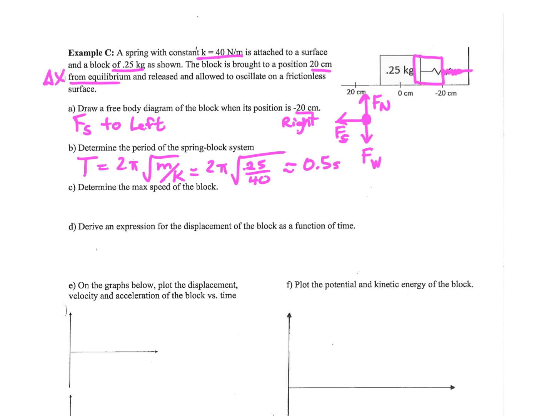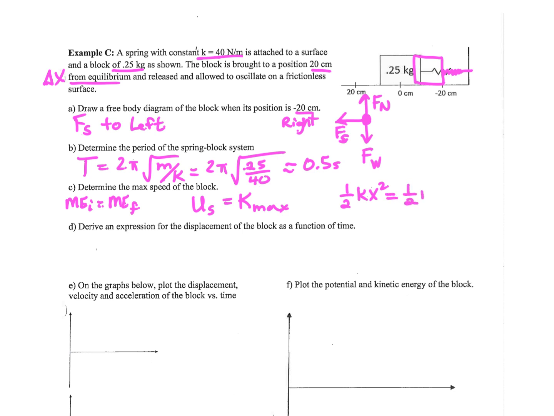Well, this is easy because we're going to use energy. So mechanical energy initial equals mechanical energy final. Well, when it's pushed in, it only has spring potential energy. And as it's moving, we've got maximum kinetic energy, don't we? So 1/2 kx squared equals 1/2 mv squared.